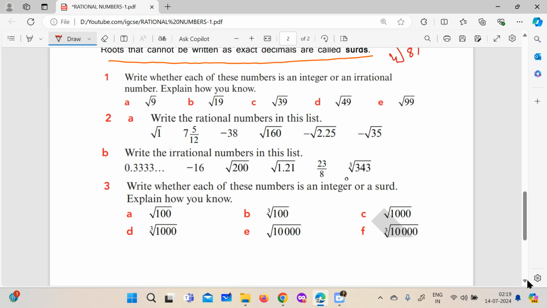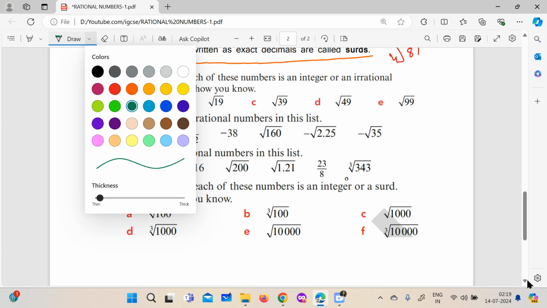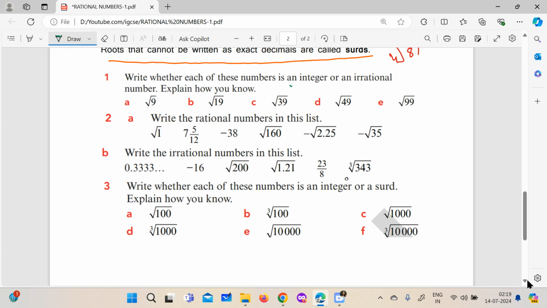From this group of numbers, root 9, root 19, root 39, root 49, and root 99, we need to identify which are integers and which are irrational numbers. Let's write their values first. Root 9 is nothing but 3, which can be written as 3 over 1. So this is rational.